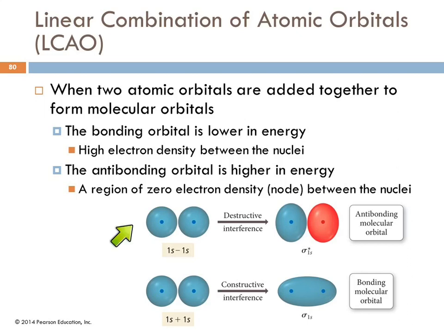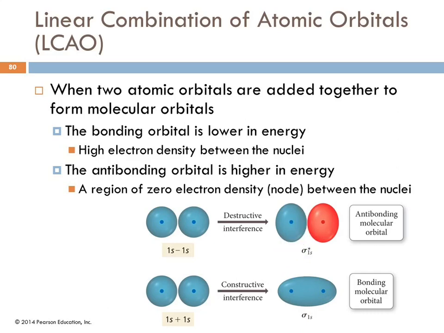So here again, we have these two pictures. With destructive interference between these two waves, we get something that looks like this. And with constructive interference, we get something that looks like this. And if you look at this, it looks like that is going to hold those two atoms together, doesn't it? Because we have a lot of electron density here in between. And this has a node right between these two atoms.